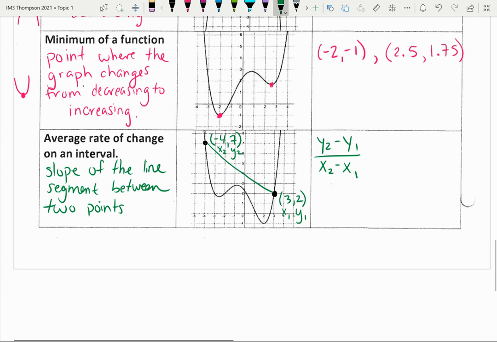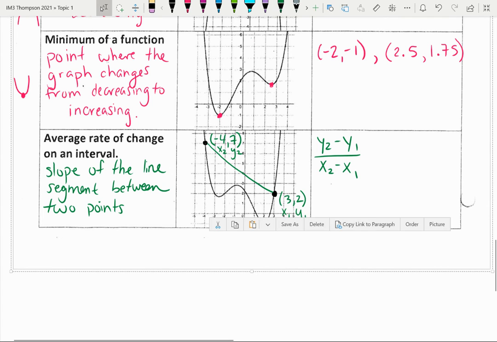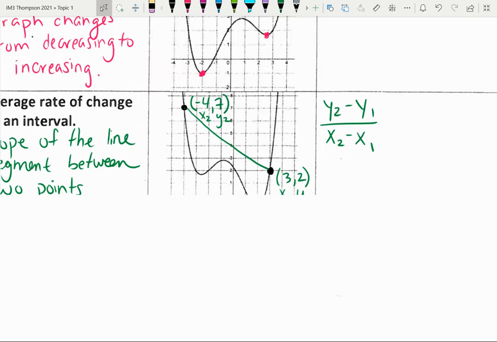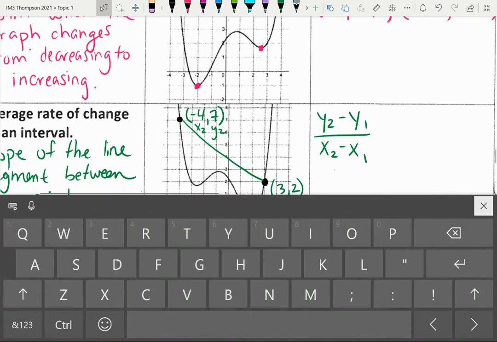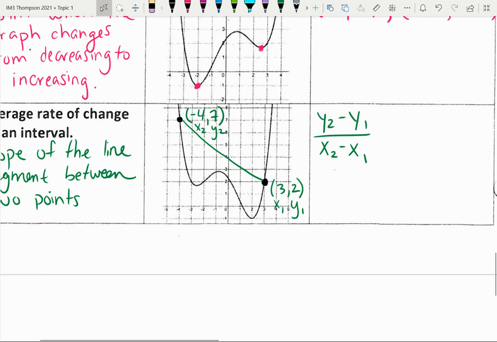It doesn't matter which order you go in. All right, so then when I subtract, I've got y2 minus y1 divided by x2 minus x1.